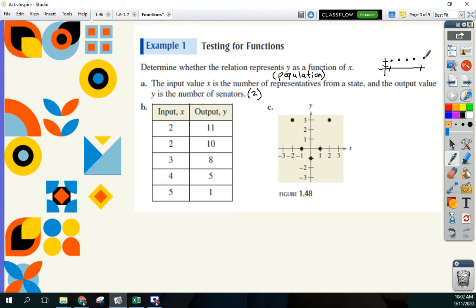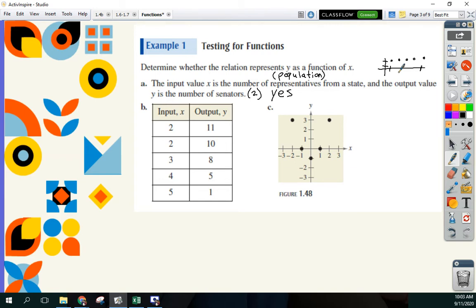So notice that this would pass our vertical line test. So it is a function. Now, if we did it the opposite way, though, and said that our input values were our number of senators and our output values were our number of representatives, notice that our graph would switch to be where all of our inputs were 2. And so we would get a vertical line instead, and so that would not be a function.